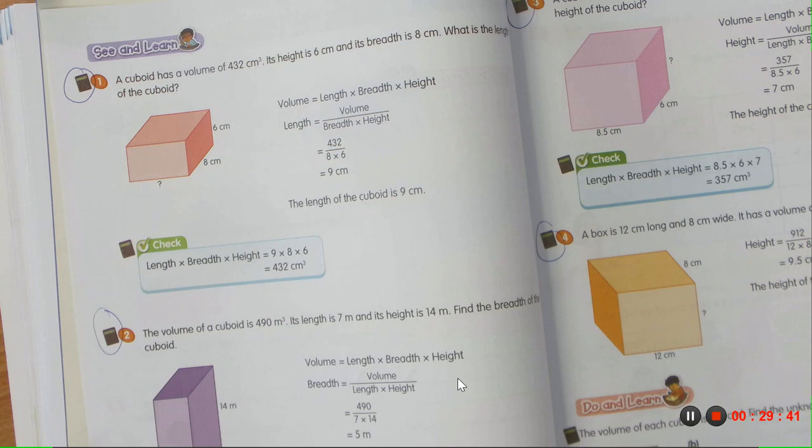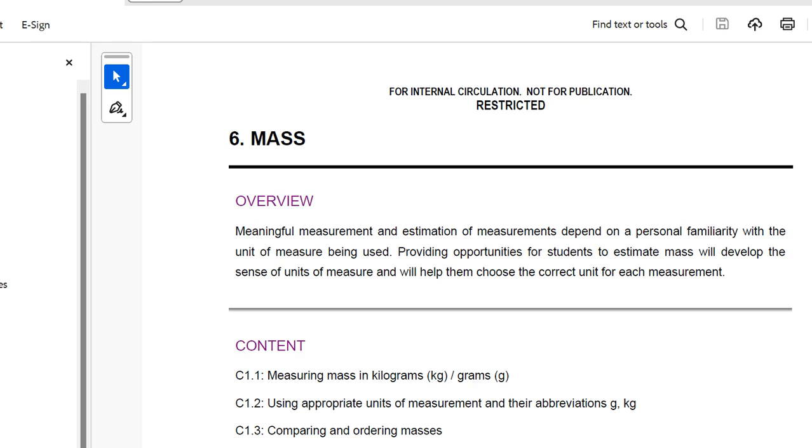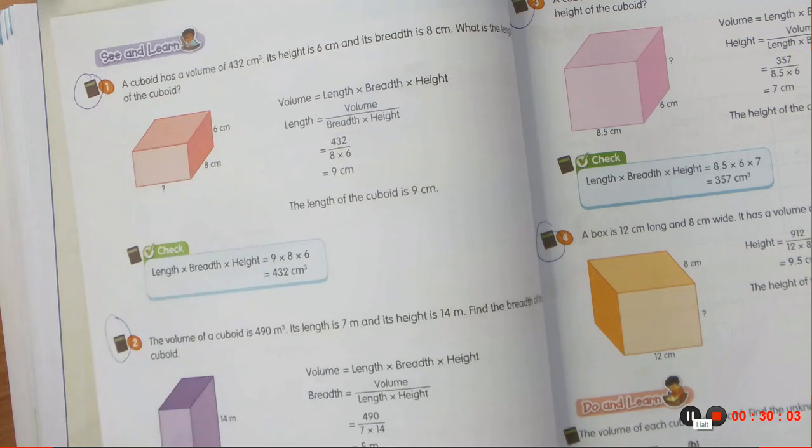I have just given out the first side of the worksheet for volumes. I just give you the first set. The homework is on pages 29, 30, and 31.